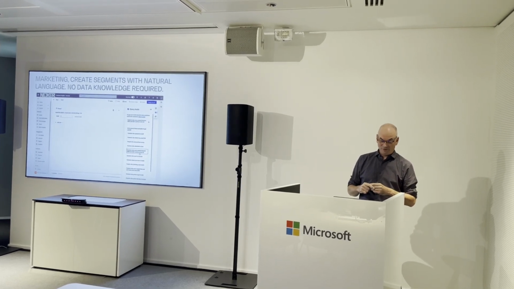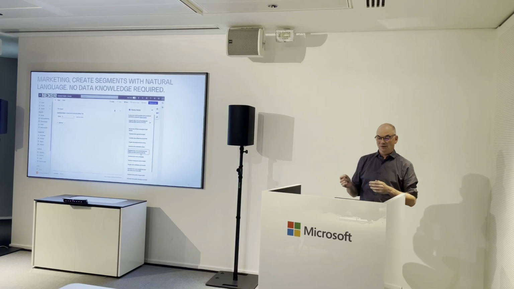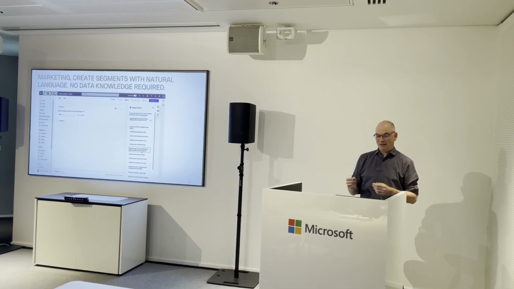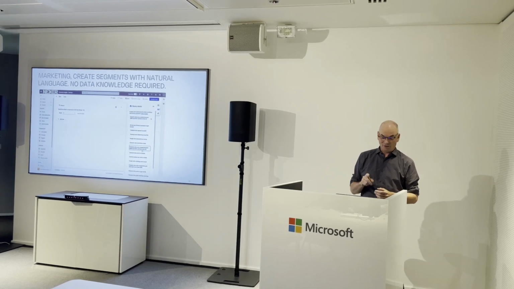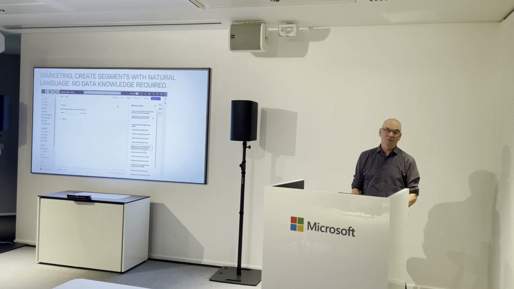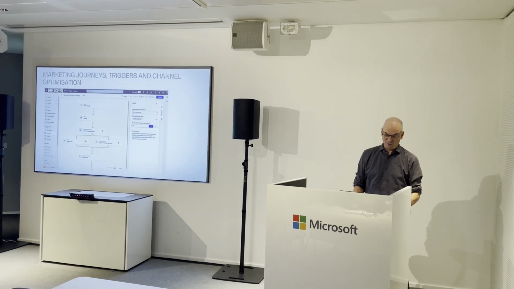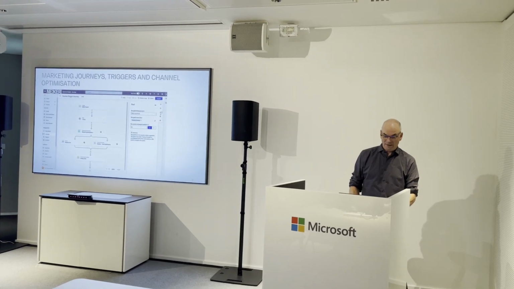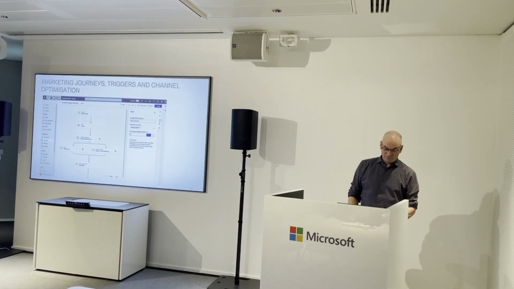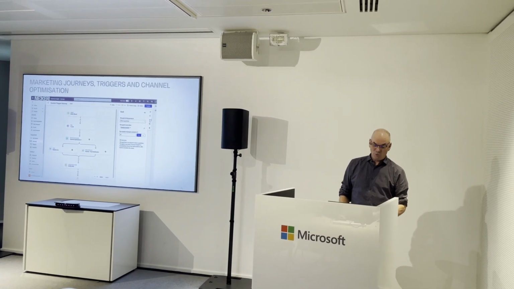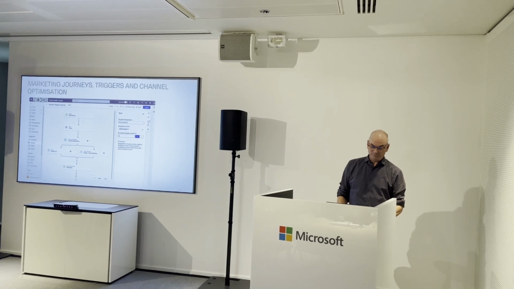So rather than you having to understand all the detail of how the data is categorized, somebody who doesn't know that can use a natural language query to write how they want to segment these customers, these prospects. That again is very time-saving, and a tool that Copilot is very good for.